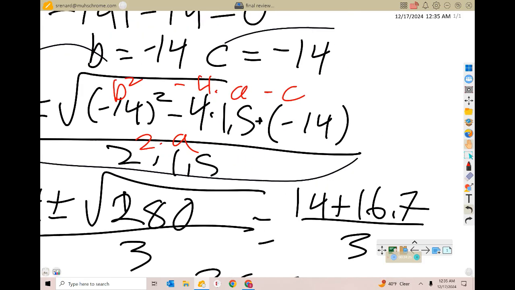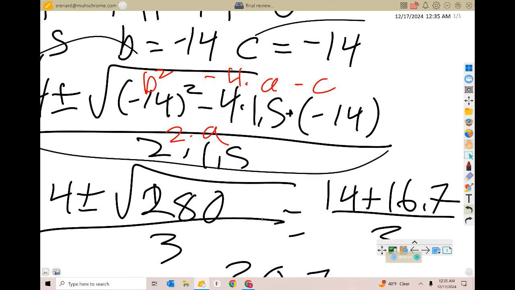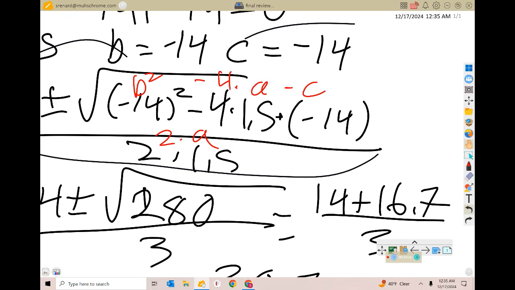Now notice what I do here. The original equation is 14 plus or minus the square root of 280 divided by 3. Here I have 14 plus 16.7 over 3, 16.7 being the square root of 280. And the reason is I don't need to do the negative, right? Because I'm looking for time here.